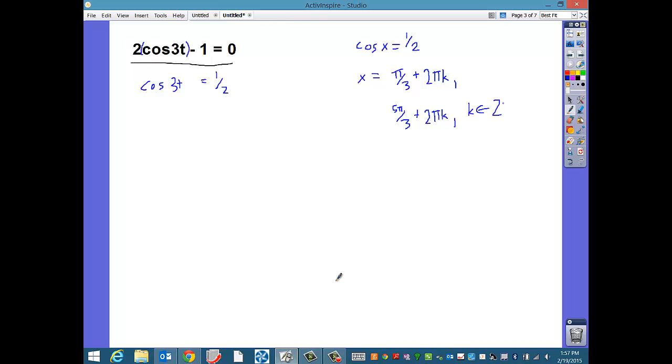So I showed you that early in the class, and then you wound up here. What I was trying to get you to do is say, well, if cosine of x is 1/2 and cosine of 3t is 1/2, that means that we can say that 3t in this equation equals x in this equation, right?